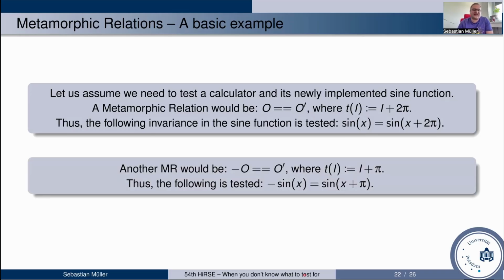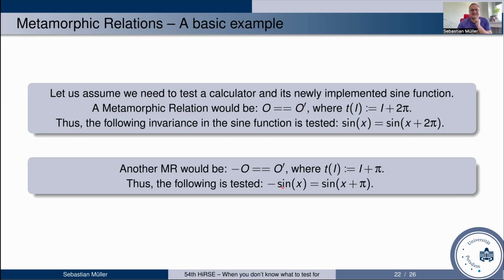But we could also say, and this is where the output transformation comes in, that if we're just adding a single π, not 2π, to our original input, then we know through our maths knowledge from high school that our output should be the negative of whatever we have generated.